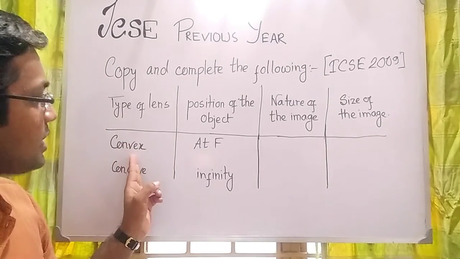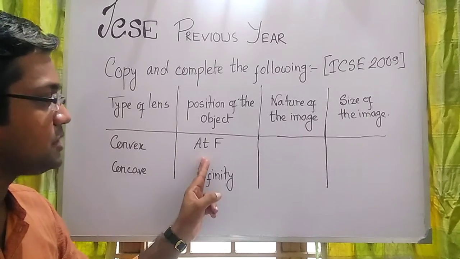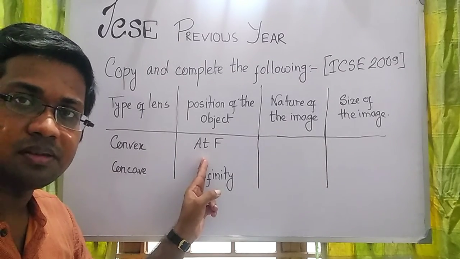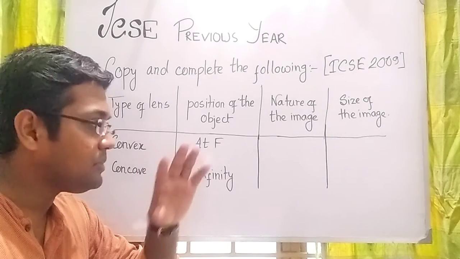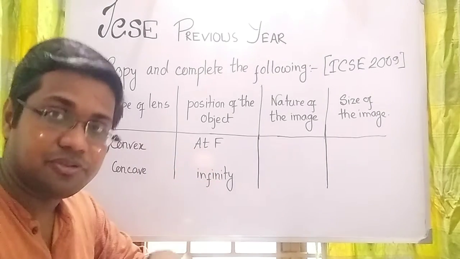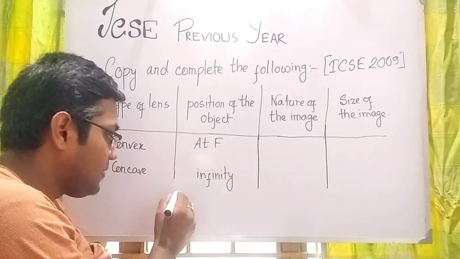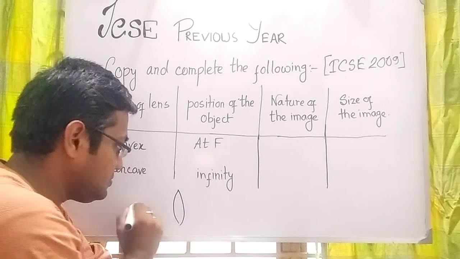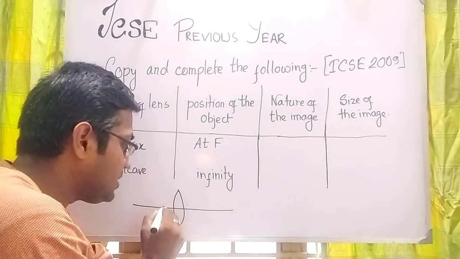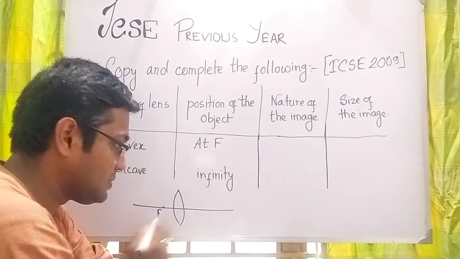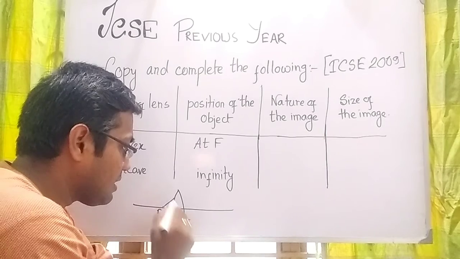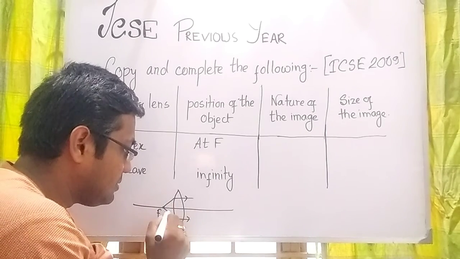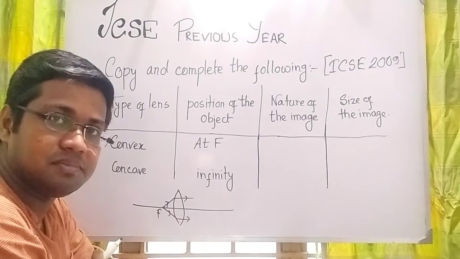If the lens is a convex one and if the object is placed at the focus, then the definition of the focus tells us like this. I am trying to draw this thing. Convex lens. An object is placed at the focus. The definition of the focus tells us this thing.